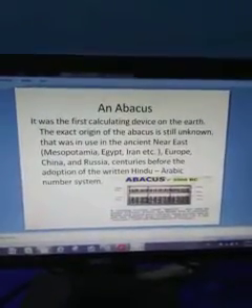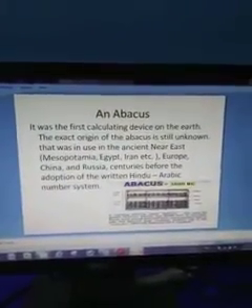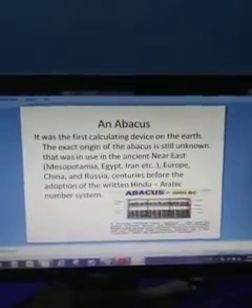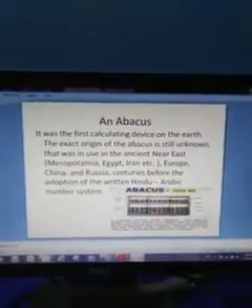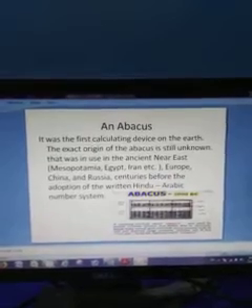After tally sticks, one more device was the abacus. It was the first calculating device on the earth.